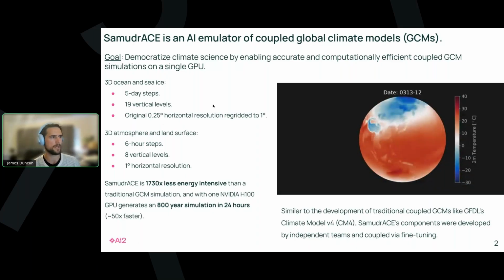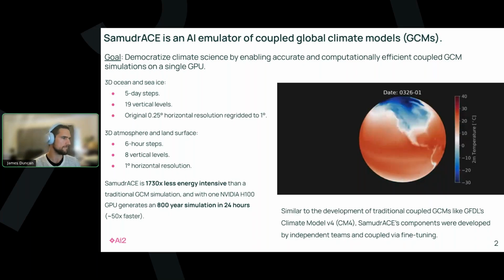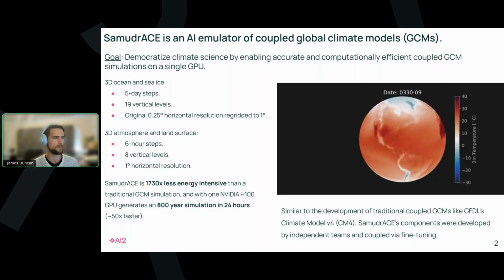And so Samudrace is composed of 2 components: a 3D ocean and sea ice component that takes 5-day steps forward into the future and has 19 vertical levels. Our original data, which comes from the climate model CM4 from GFDL, had 1/4 degree resolution, which we regridded to 1 degree to match the atmosphere resolution, which is also 1 degree in the horizontal.